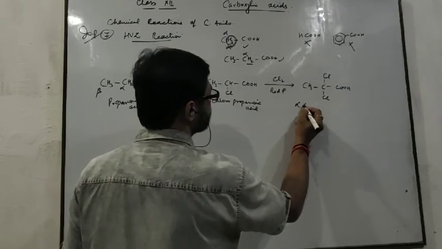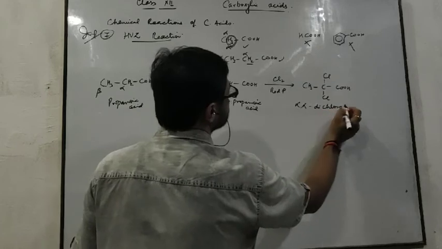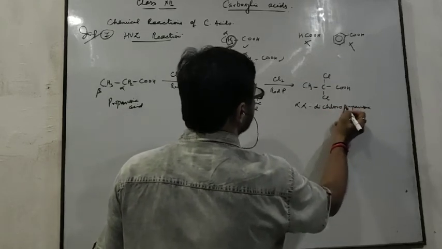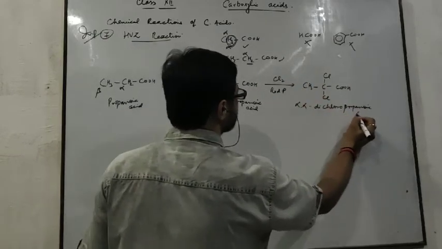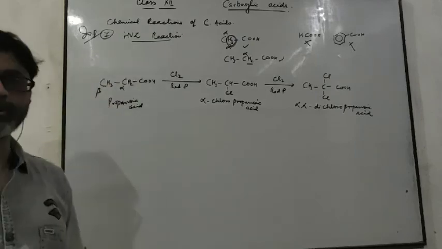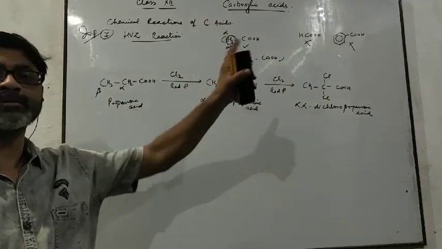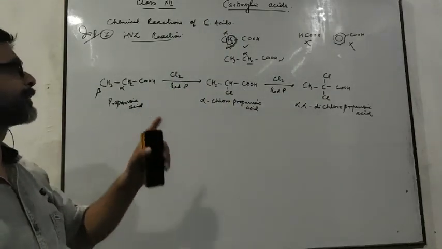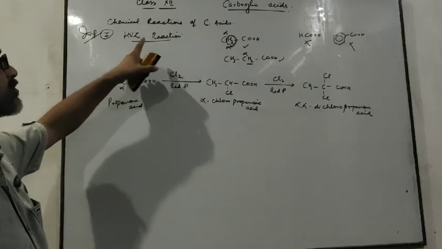This is known as alpha dichloropropanoic acid. All the alpha hydrogen atoms are replaced by chlorine atoms to give the final product. If 3 hydrogen atoms are present, then all the 3 hydrogen atoms are replaced by chlorine or bromine in presence of red phosphorus. This is known as HVZ reaction.